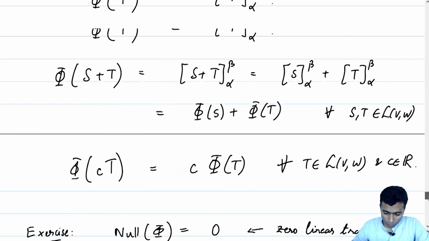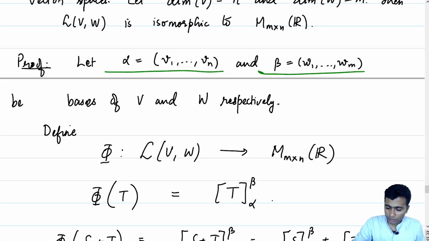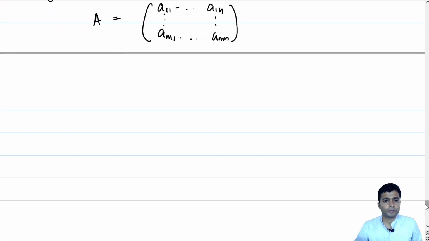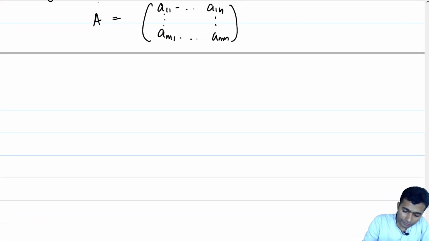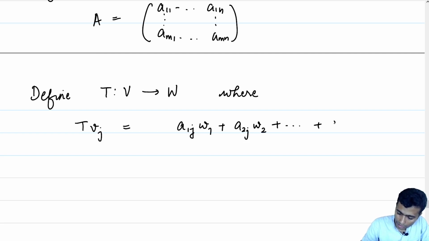And V1 to Vn and W1 to Wm are the vectors in the ordered bases corresponding to alpha and beta. So let's define a map T from V to W where T of Vj will just turn out to be equal to A1j W1 plus A2j W2 plus, up to, Amj Wm.